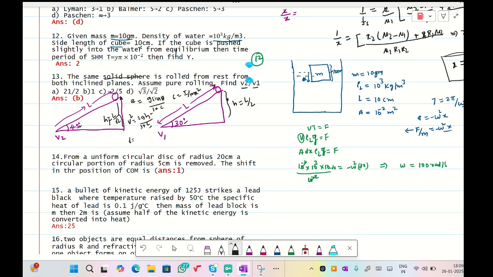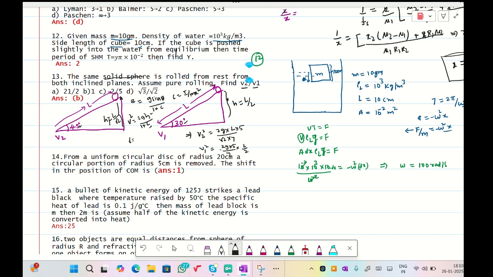So it is 1 plus 2 by 5, that means 7 by 5. That is v2 square is equal to 2g into h, where h is l by root 2, into 7 by 5, here 7, here 5 will come into 5. Similarly v1 square is equal to 2g into 5 by 7 into l by 2 will come.